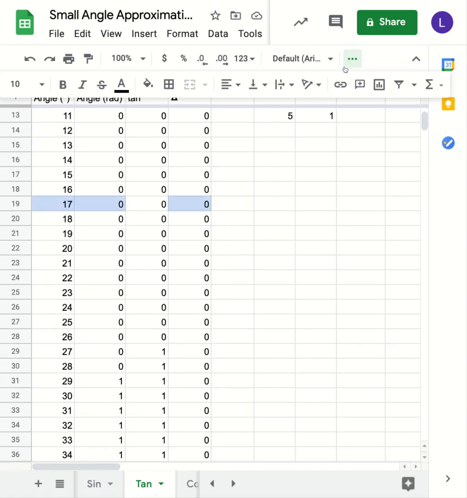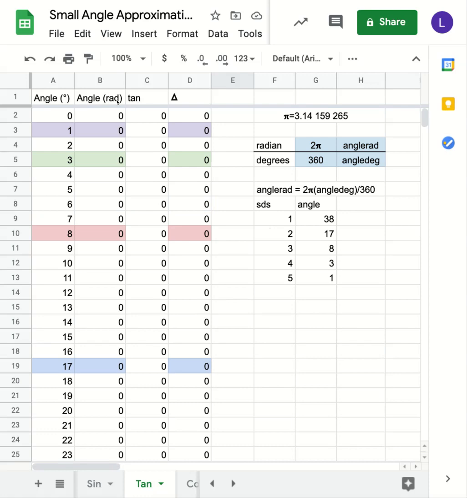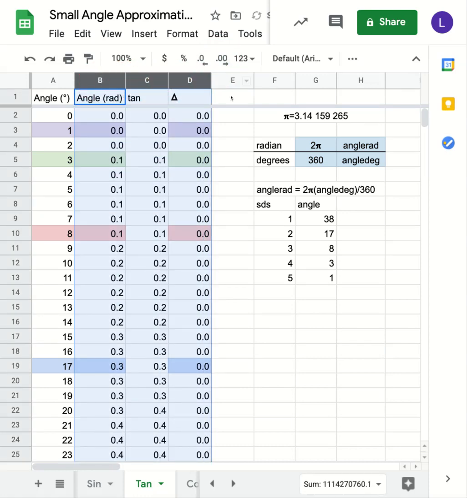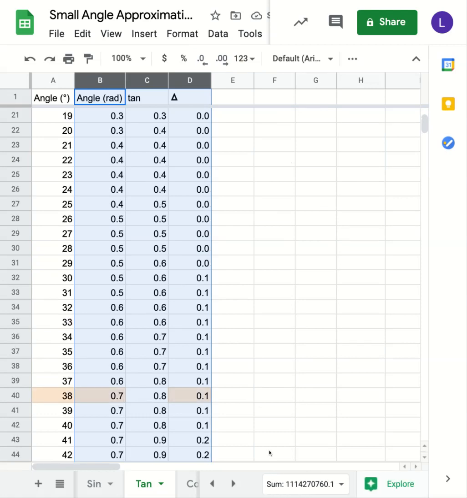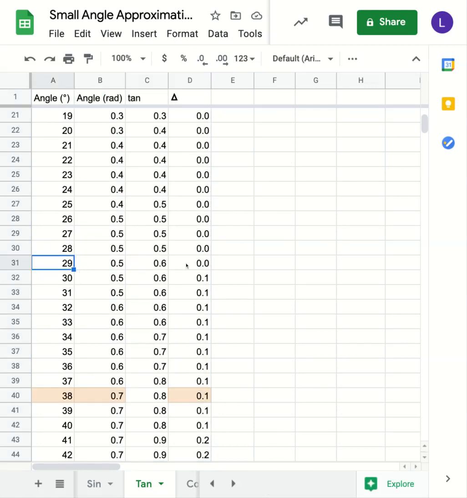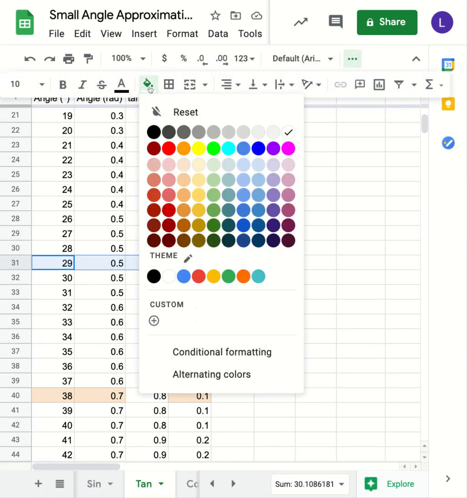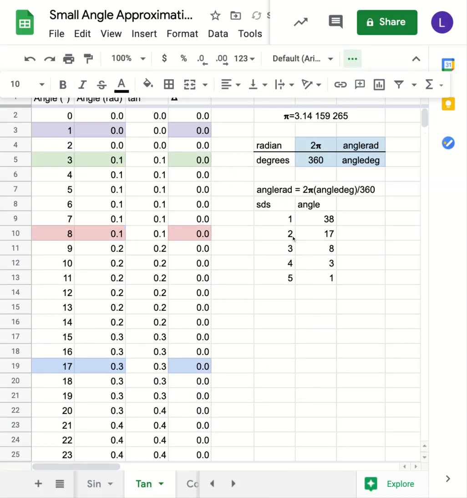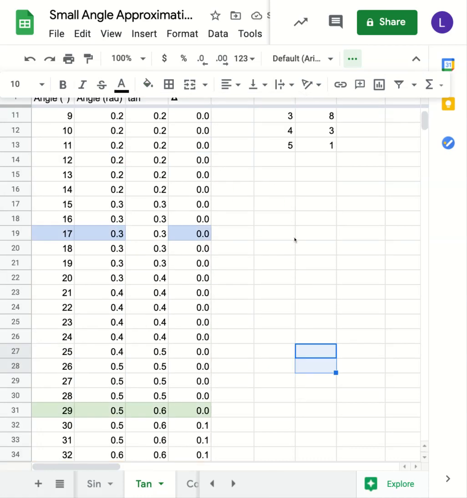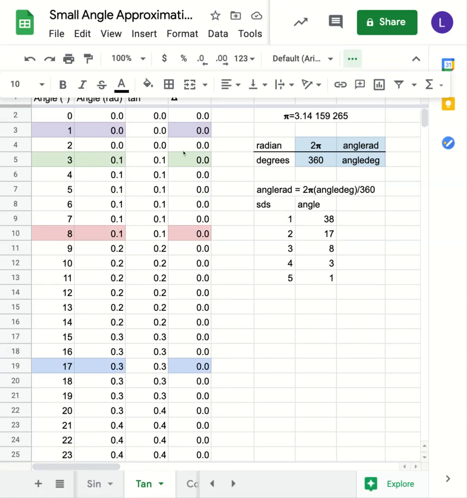Now, if we format those numbers down to one significant digit as opposed to one whole number, we get to 0 at 29. Now, we encountered this at 38 for sine, so a smaller angle it looks like. That's one significant digit. So we're almost to the realm that we could use this in science.